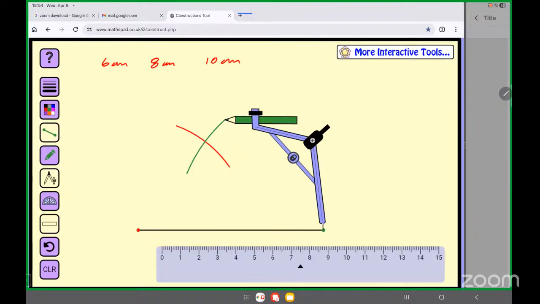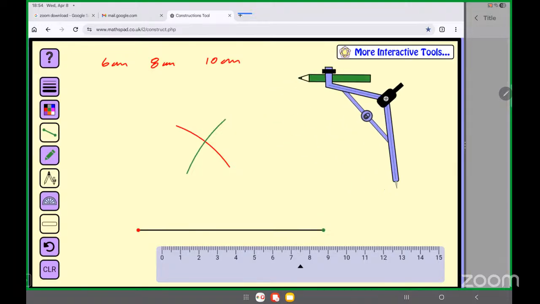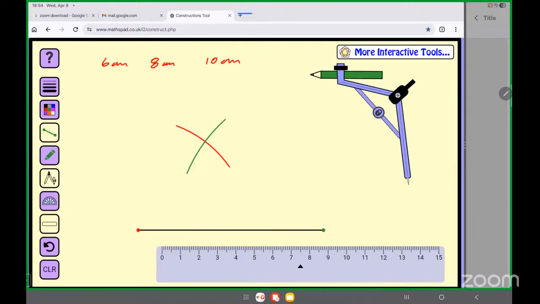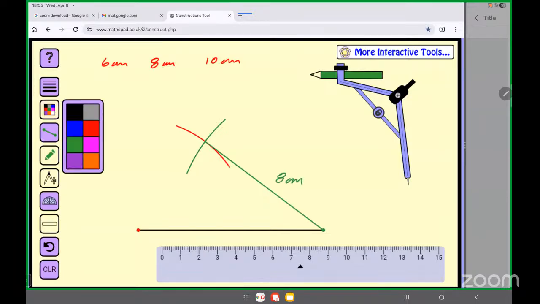That arc is 8 centimeters from that end. So you're done. It means that the line from here to here is 8 centimeters. And the line from here to here, the intersection, is 6 centimeters.